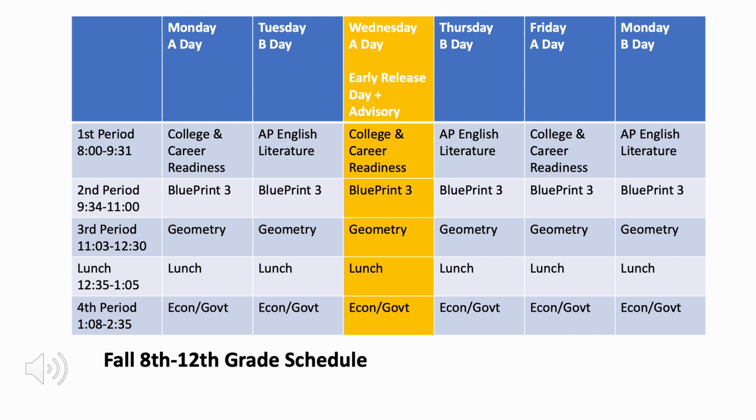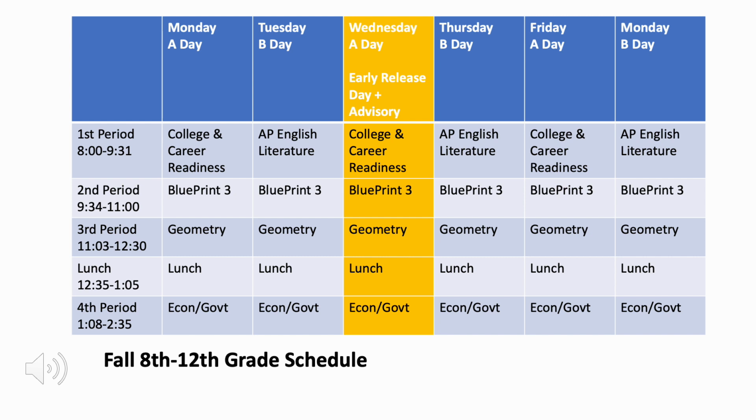And that's because just because it's Monday, that doesn't necessarily mean it's an A day. There are truly alternating A and B courses within the student's schedule for grades 8 through 12, and it will be important that we note that this student has college and career readiness on their A day and AP Literature on their B day, and it alternates throughout the year.